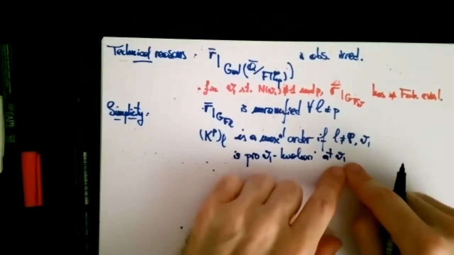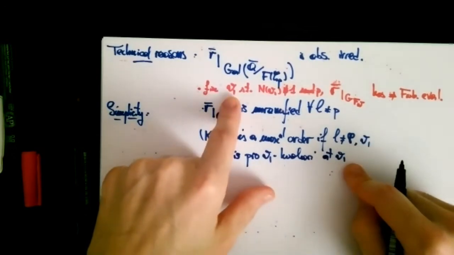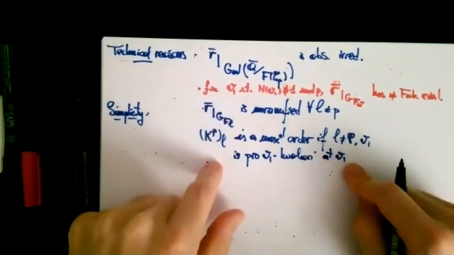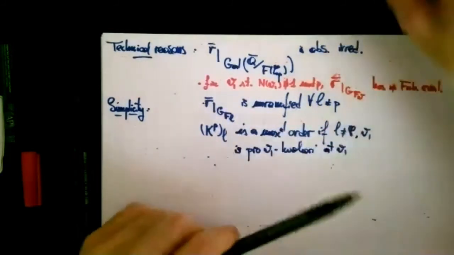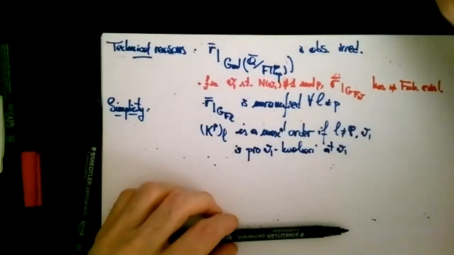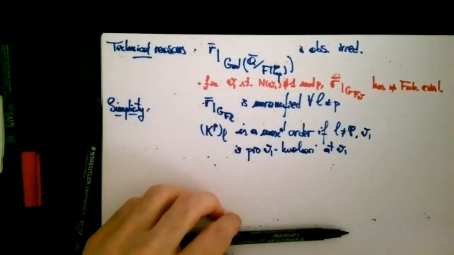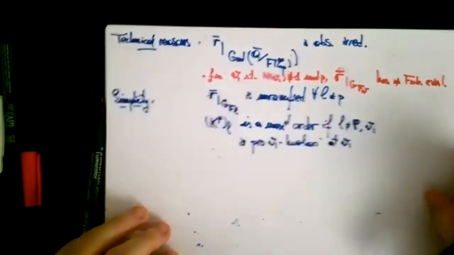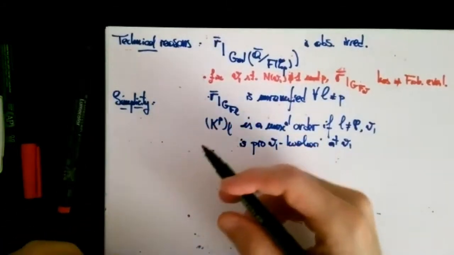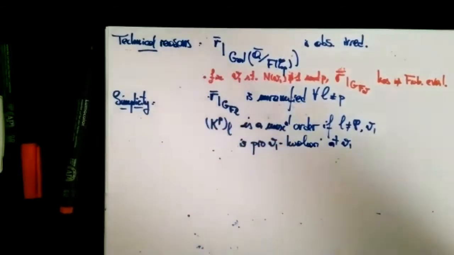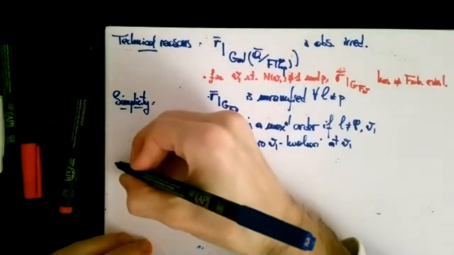I also want to say that v1 is a place where our quaternion algebra is split. All right. So, sorry for this technical digression. What is the point? The point is that we want to introduce some global deformation problem.